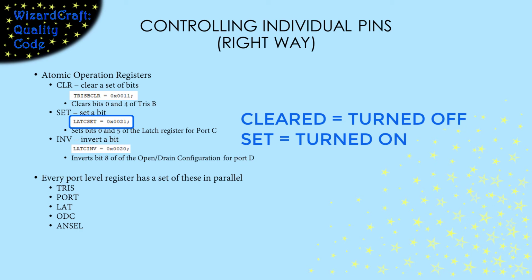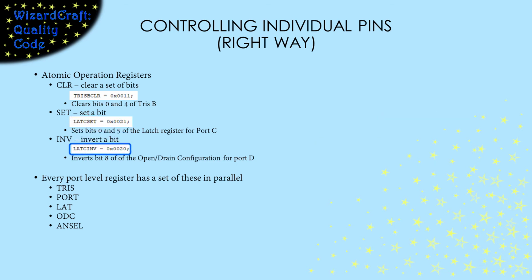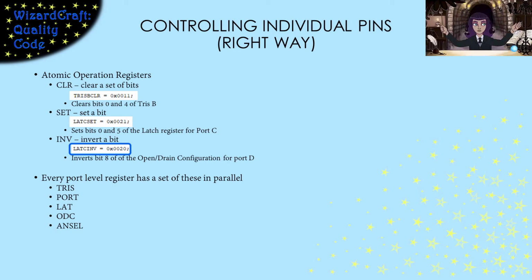If we set LATCSET to 21, those two bits on the LAT register for port C will be set. And if we set LATCINV to hex 20, it will flip the 6th bit of LATC. Hey, that's the same thing our XOR example on the previous slide did. No race condition here? Correct. No race conditions. Sweet.